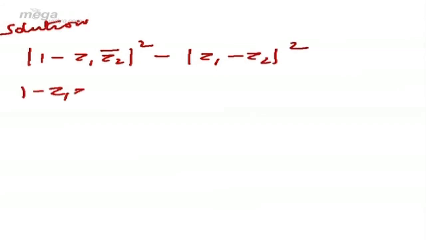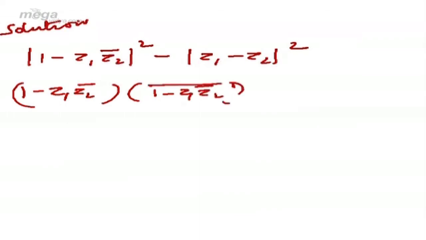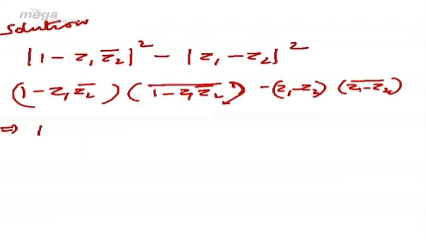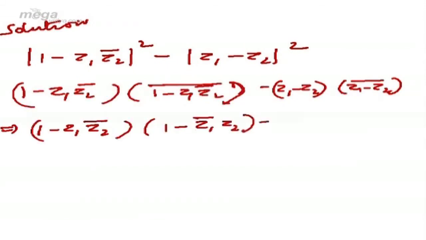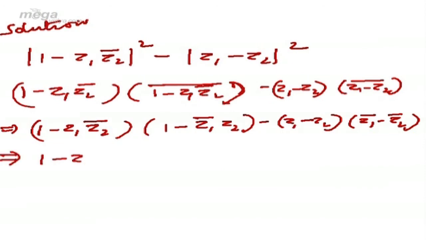This is 1 minus Z1 Z2 bar into 1 minus Z1 Z2 bar whole bar minus Z1 minus Z2 into Z1 minus Z2 whole bar. This will become 1 minus Z1 Z2 bar into 1 minus Z1 bar Z2 minus Z1 minus Z2 into Z1 bar minus Z2 bar, which is 1 minus Z1 Z2 bar minus Z1 bar Z2 plus Z1 Z1 bar into Z2 Z2 bar.